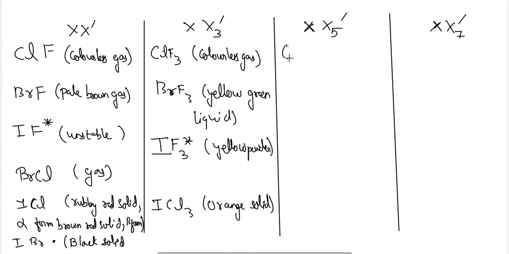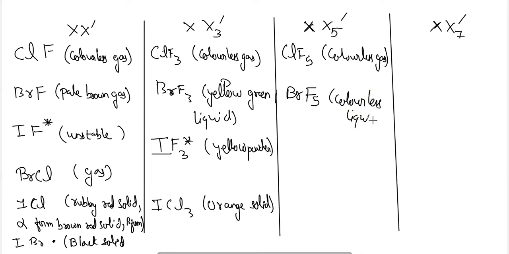Next is chlorine pentafluoride, which is also a colorless gas. Next, bromine pentafluoride, a colorless liquid. And iodine pentafluoride, a colorless gas, but solid at 77 Kelvin temperature.